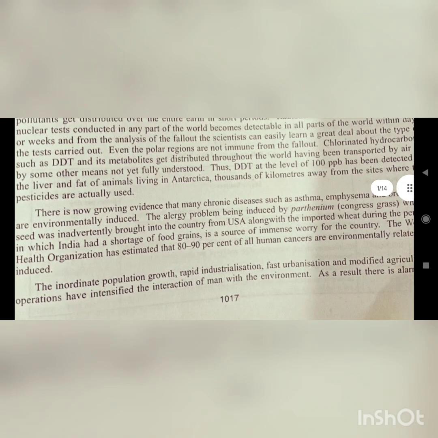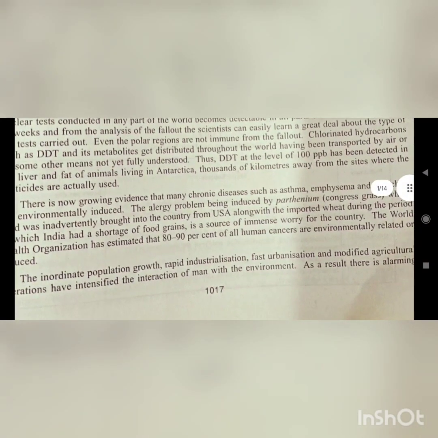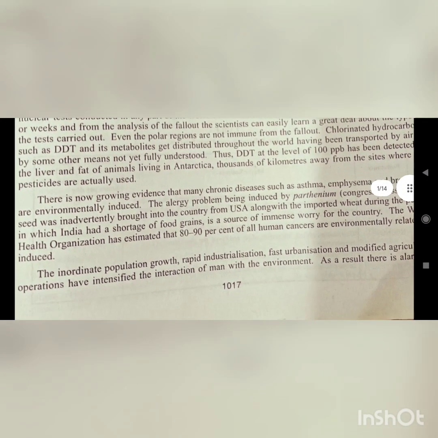DDT at a level of 100 ppb has been detected in the liver and fat of animals living in Antarctica, thousands of kilometers away from the site where the pesticides are actually used.